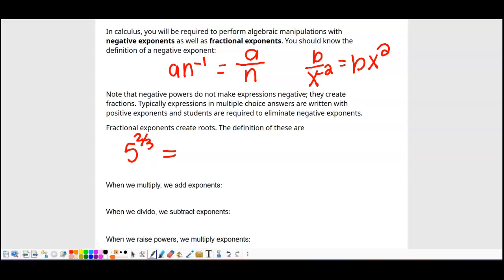So the base number represents the number in front. So this is a cube root. And now there are 2 ways you can write this. You can write it with the 5 squared inside, or you can also treat it as the cube root of 5 squared.